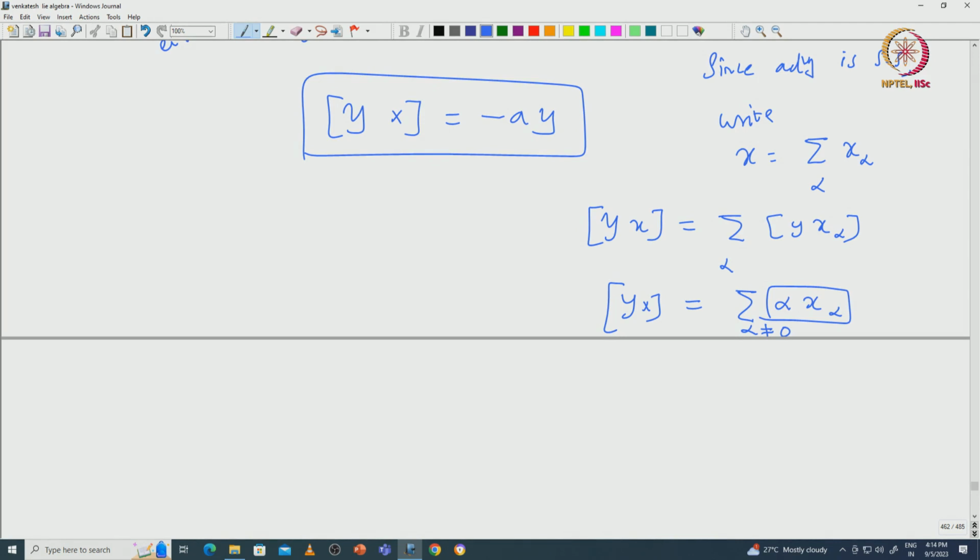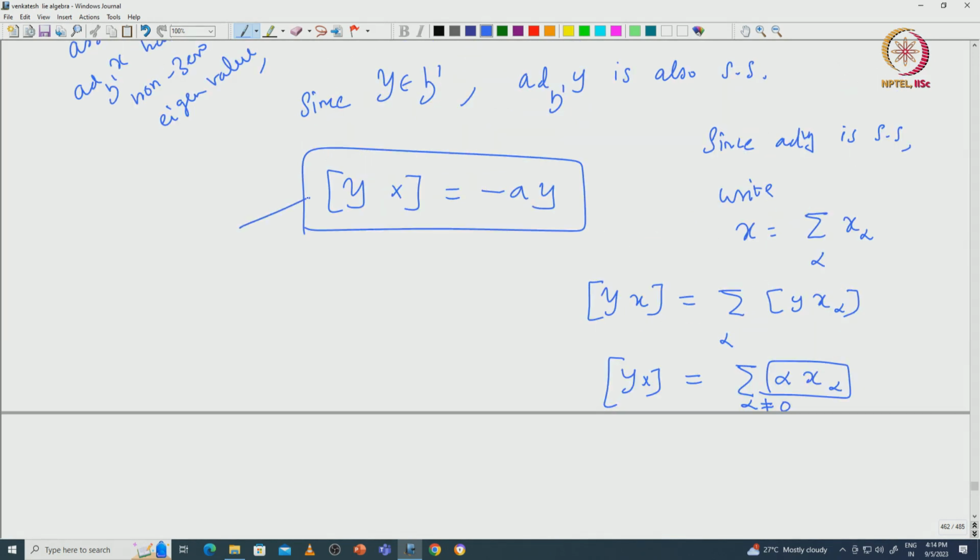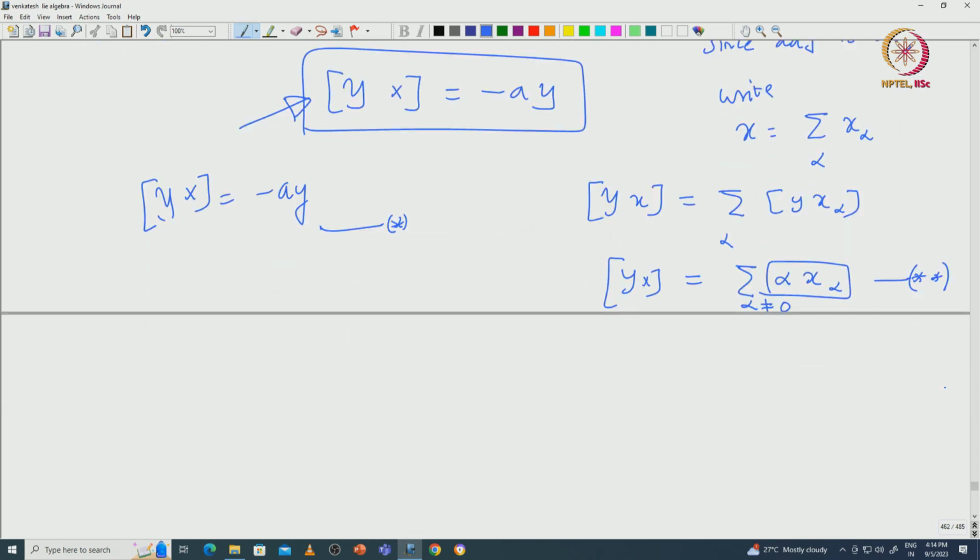But if you go back to the first equation, it says that [y, x] is given to be -a y. Here you have equation 1 and here you have equation 2, but both of them are contradicting each other.